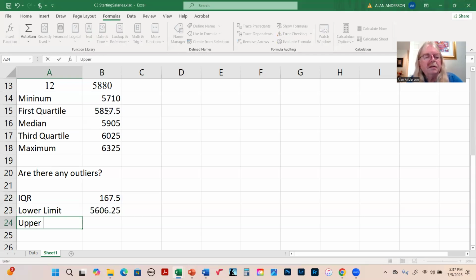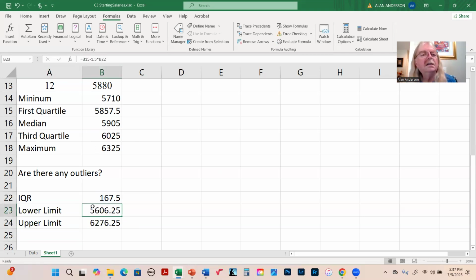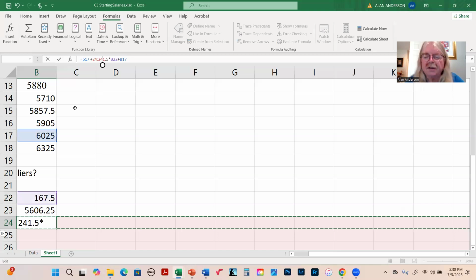The upper limit is 1.5 times the IQR above the third quartile. Let me change that slightly, just to be consistent.